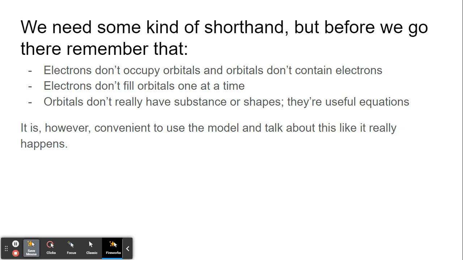They're just useful equations, probability predictions of where that electron can be. But it's super convenient to use this model, like orbitals are little boxes that get filled with electrons. So that's what we're going to do. We're going to talk about them like they are little shells that can be filled with electrons, but in reality, that's not quite what's going on.